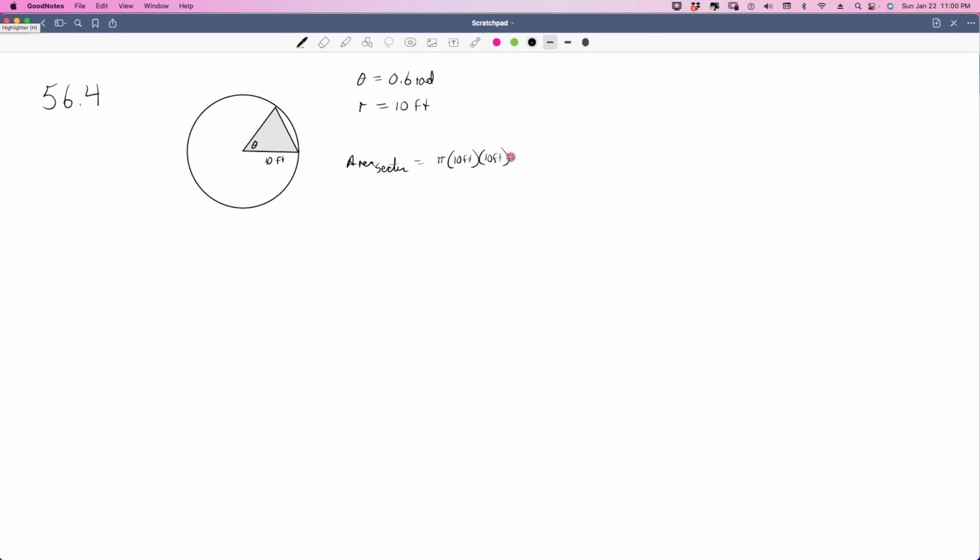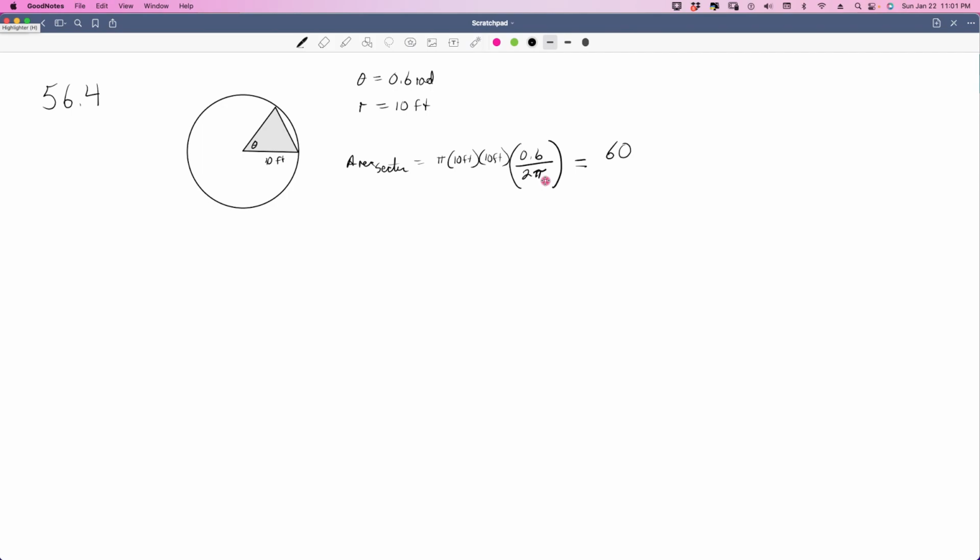And then we are going to multiply that times 0.6 over 2 pi radians. So remember, in this case, pi radians is 180 degrees, so 2 times 180 is 360. But we're doing it in radians and not degrees, so that is why we use this value. What we end up with is 100 times 0.6, so that would be 60.